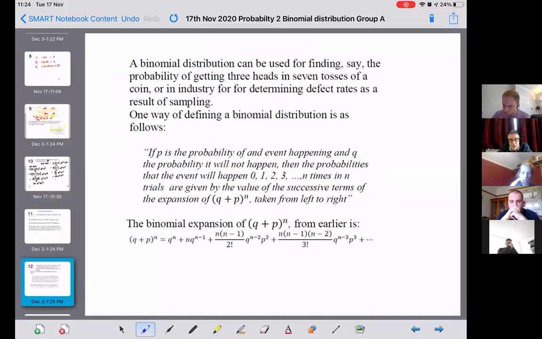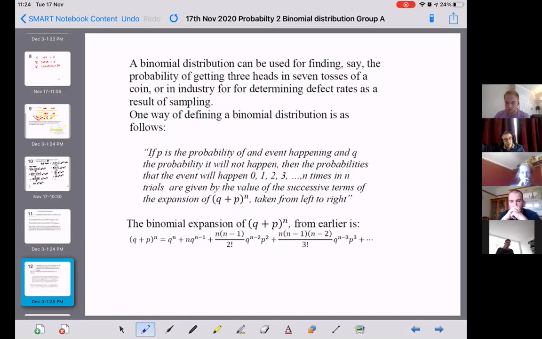If P is the probability of an event happening, and Q is the probability it will not happen, then the probabilities of the event happening none, 1, 2, 3, up to n times in n trials are given by the value of the successive terms of the expansion Q plus P to the n, taken from left to right.